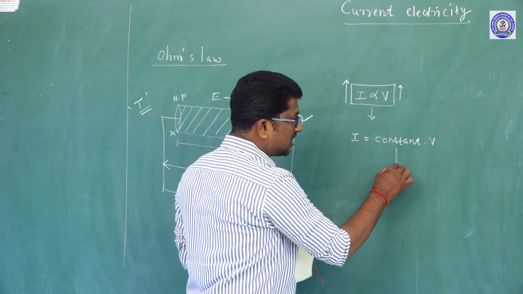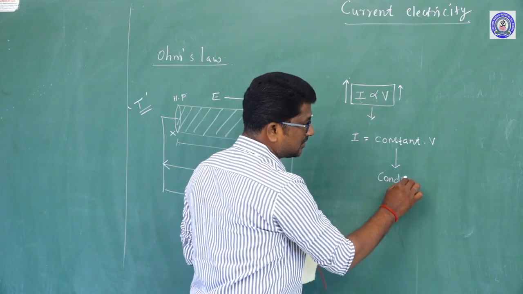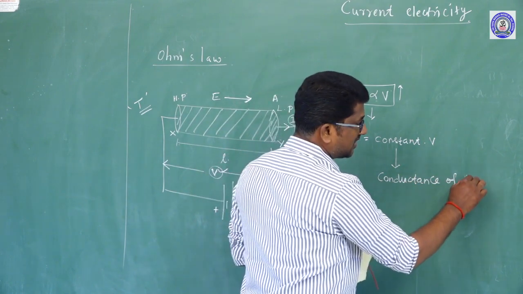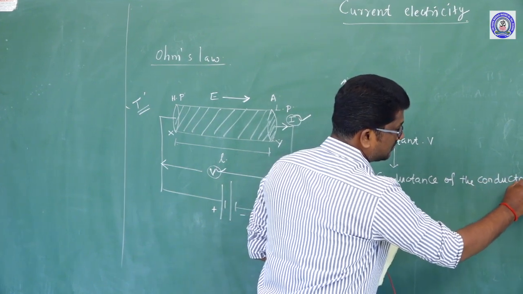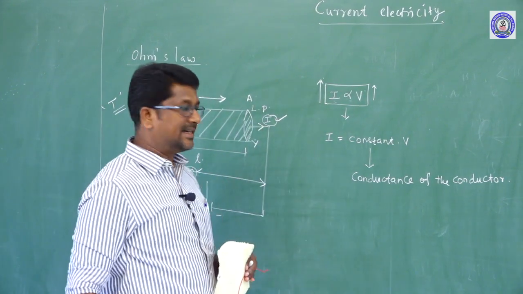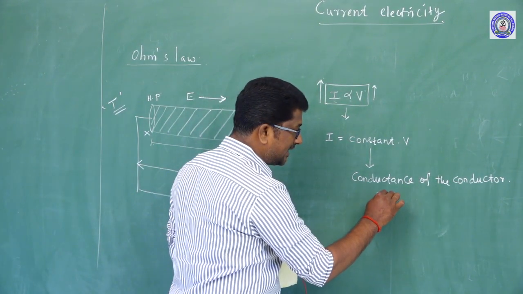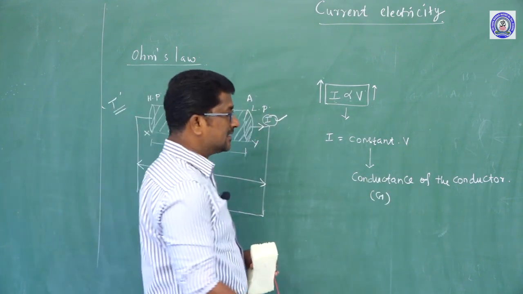So, this constant is called conductance of the conductor. Suppose the conductance of the conductor is denoted by G.